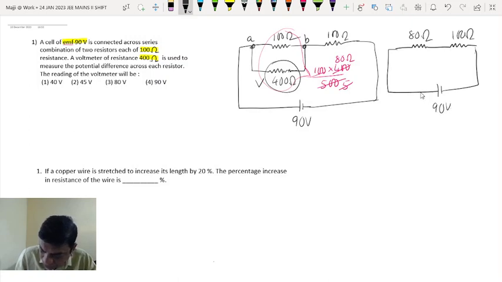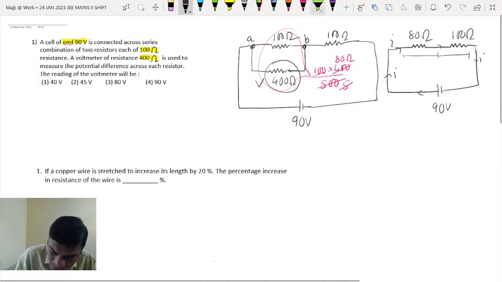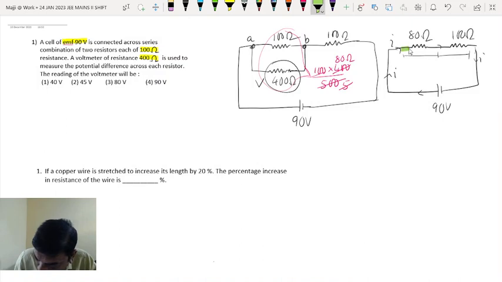So this 90 volt will be distributed in the direct ratio of the resistances, isn't it? Because in series, current remains same, therefore the voltage drop across each resistor will be in the direct ratio of the respective resistances. Now what is the ratio of resistances? 80 is to 100, means 4 is to 5.